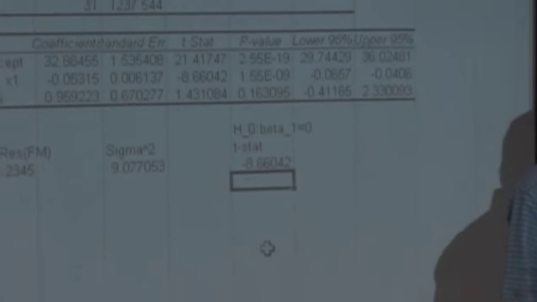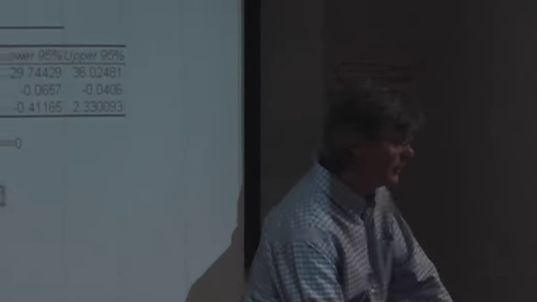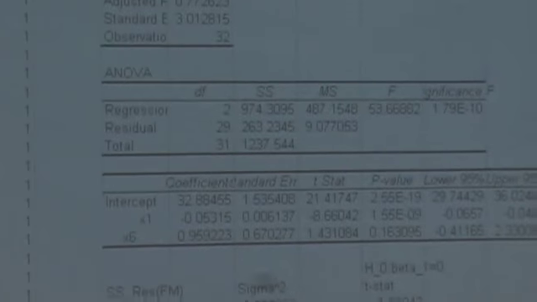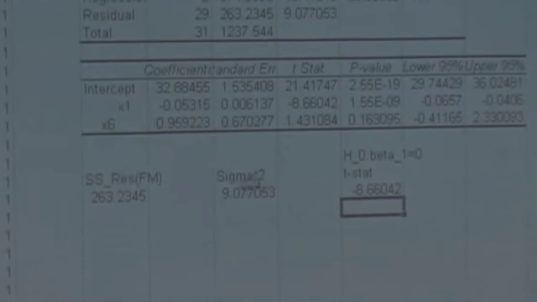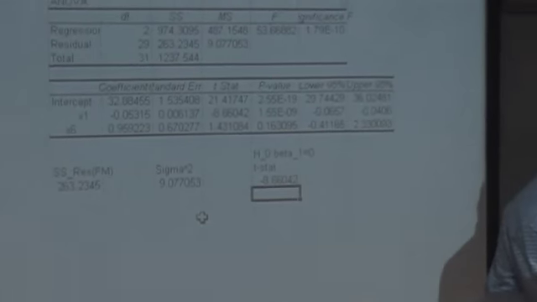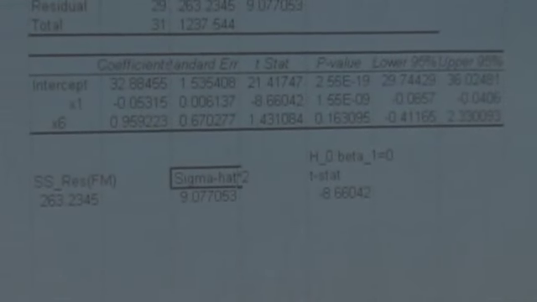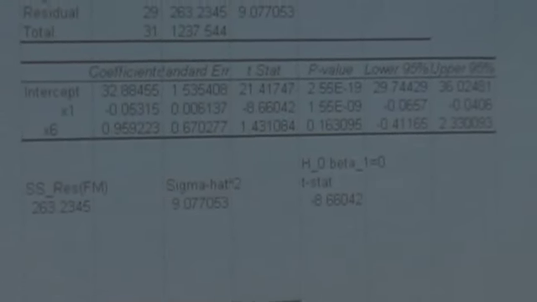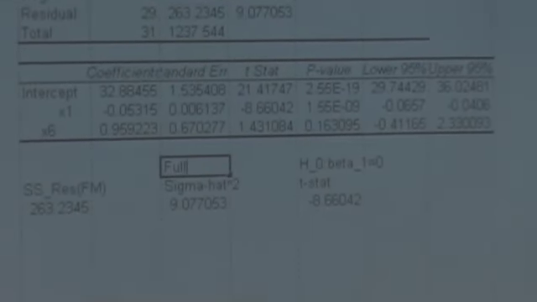Now, that was using how many degrees of freedom on that t-test? That's 29 degrees of freedom, residual. So there's 29 degrees of freedom in the sigma hat squared. That's the sigma hat squared full. When I put sigma hat squared, I mean the full model sigma hat squared, because I'm going to get another sigma hat squared. I should put the hat in here. Forgot about that. Okay? That means full model. Let's put it this way, FM, so everybody's clear with that.